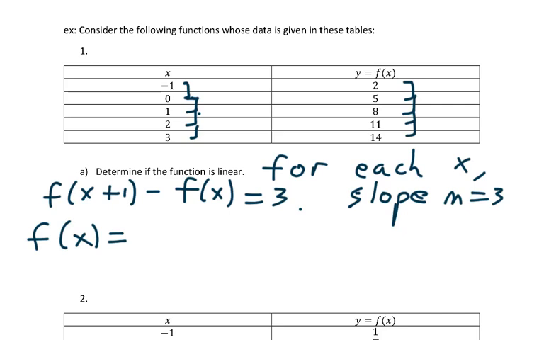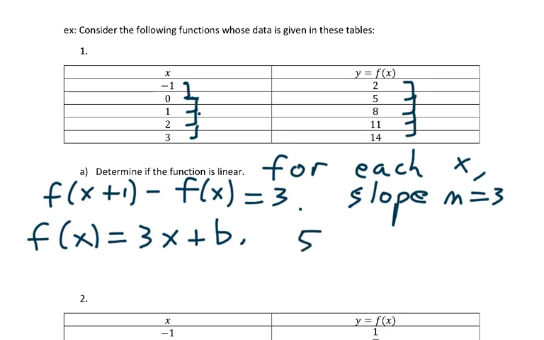So the function is linear, and f of x is equal to 3 times x plus b. But what is b, though? Well, remember, b is the same as f of 0. How do we get b? Well, we know what f of 0 is. It's 5.